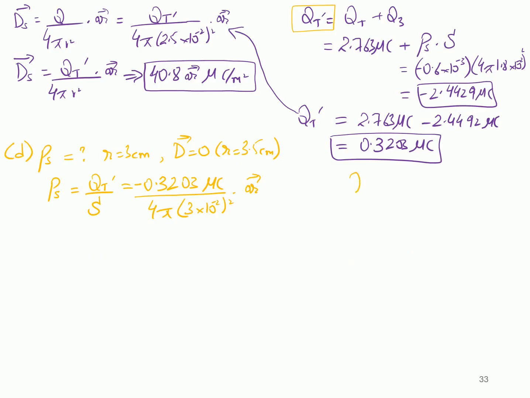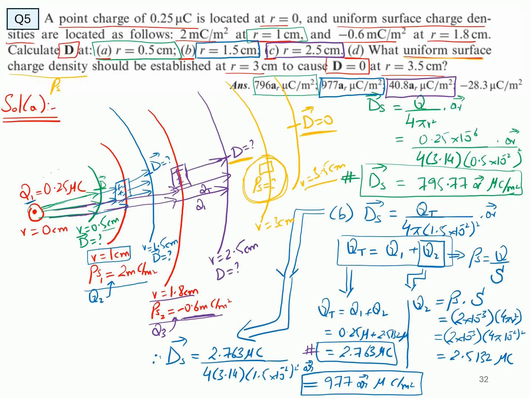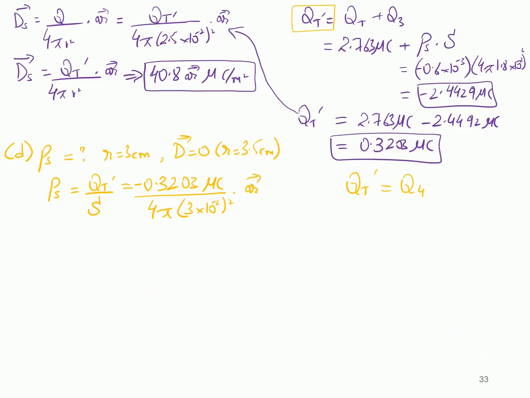This means the Qt which I have, let's say for this scenario it is now Q4, is going to have a negative value of the total charge, so that my positive charge and negative charge cancel each other out. In that case my electric flux becomes equal to 0. That's why we have taken a negative sign for the total charge, and its value now comes out to be minus 28.3 microcoulomb per meter square.